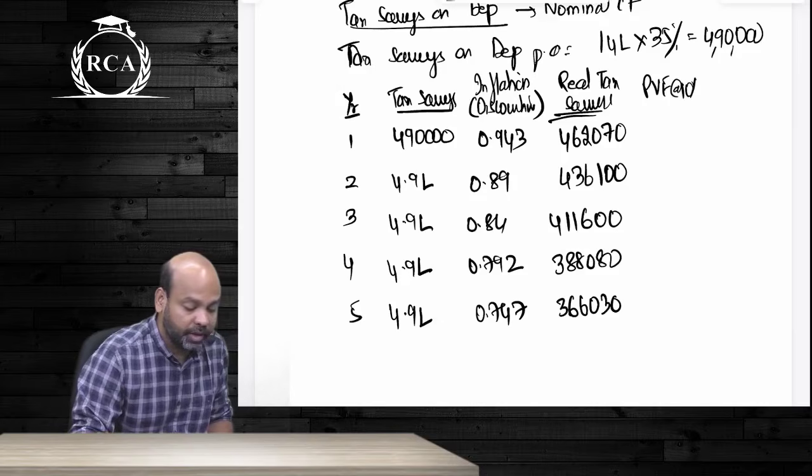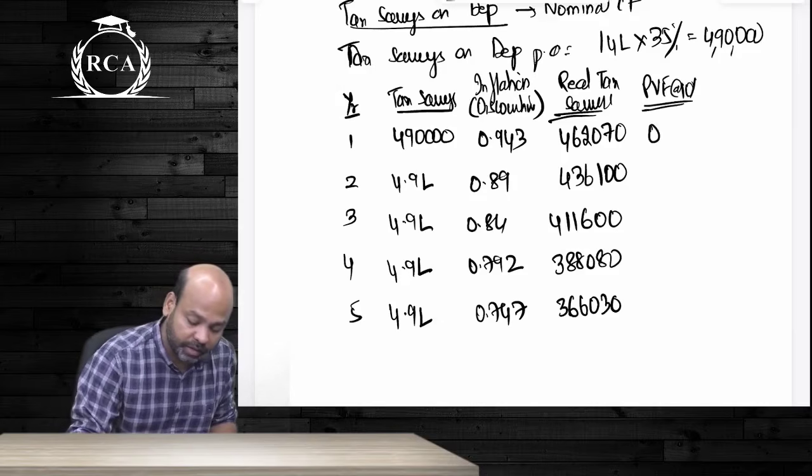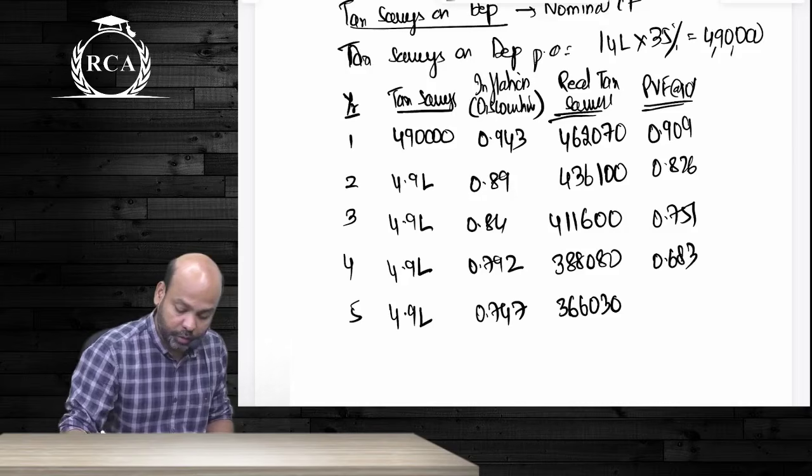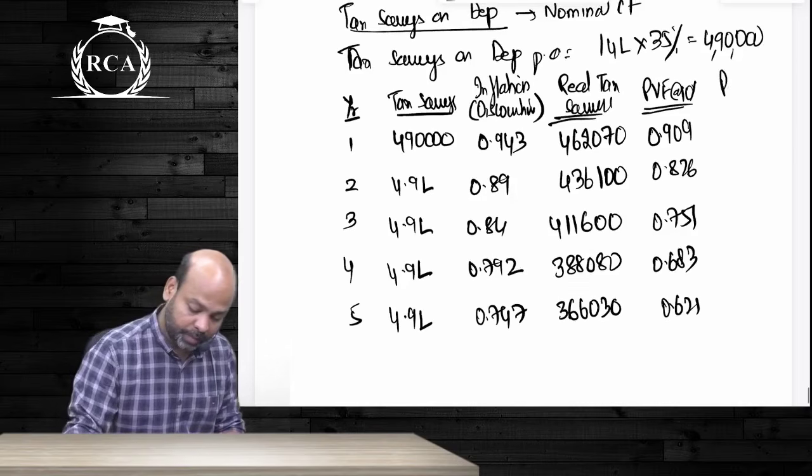Now this I will discount at what rate? Real rate. Present value factors, beta, at 10%. This is discounting at real rate. 0.909, 0.826, 0.751, 0.683 and 0.621. You will get PVCI, guys.